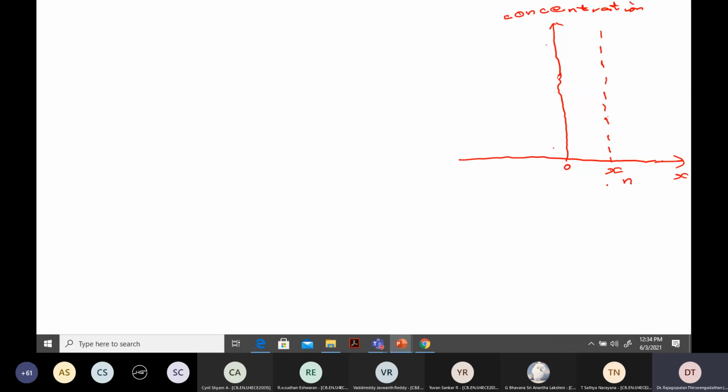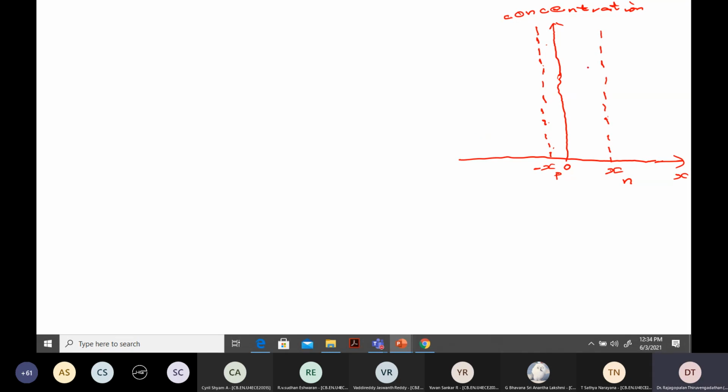This is my depletion region, and I told you we are considering a P plus N junction, which means the depletion width will be smaller in the heavily doped region. Okay, so this is my stuff.